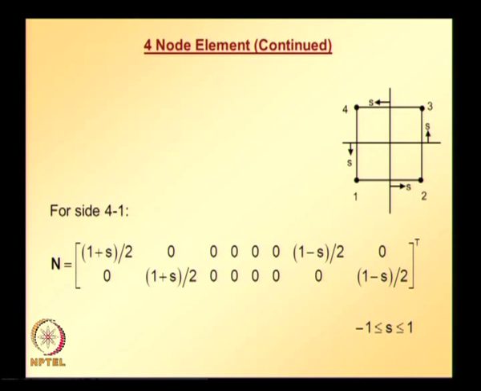So, once we obtain this shape function matrix, we can easily evaluate the equivalent nodal load vector. For illustration, consider the case when uniform pressure is applied along side 2, 3.